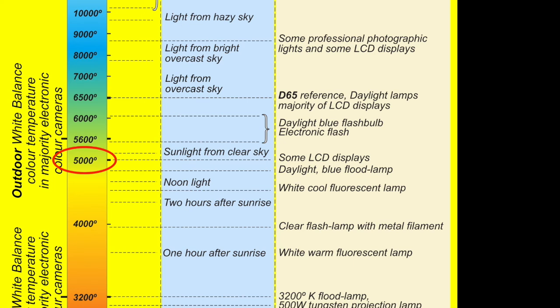It's kind of simulating sunset in a way. So a bit of a yellowish color compared to the normal color temperature of LCD, which could be around 6500 Kelvin degrees. Temperatures between 5600 and 6000 Kelvin degrees are typically for daylight blue flash bulbs, typically used in photography, and of course electronic flash, which is like a camera flash.